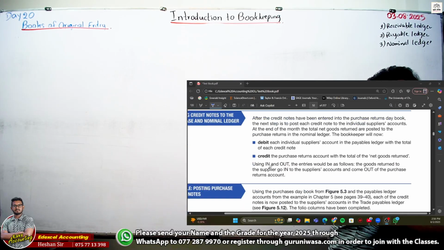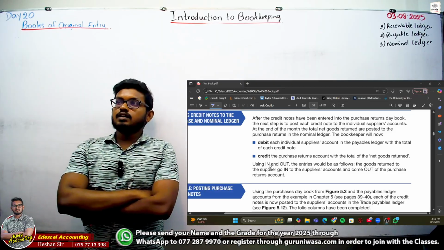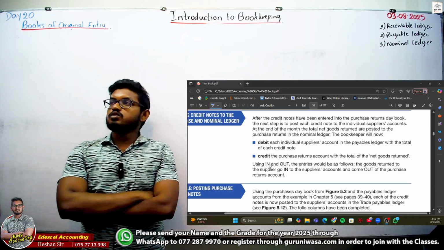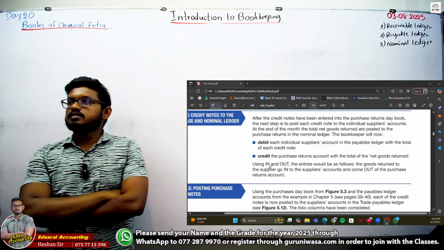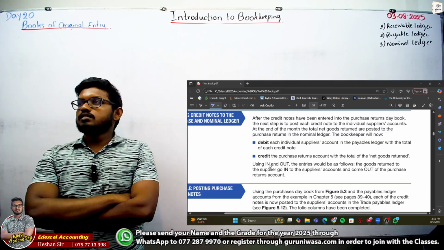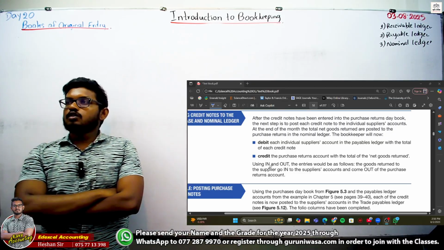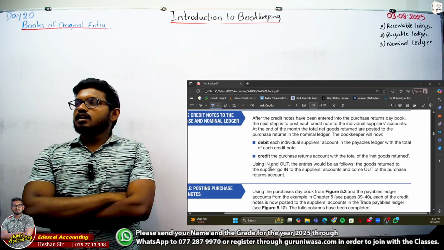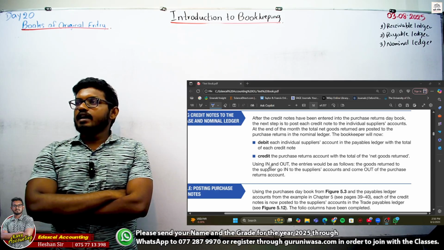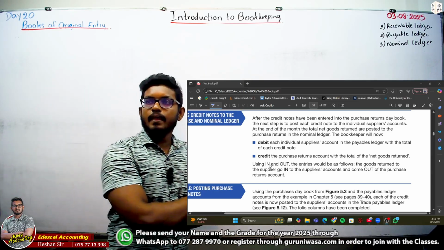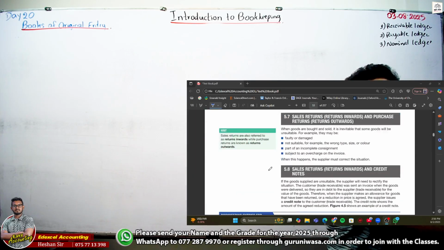After credit notes have been entered into the purchase return day book, the next step is to post the credit notes into the individual supplier's account. At the end of the month, the total of the net goods returned is posted to the purchase return account in the nominal ledger. The bookkeeper will debit each supplier's account in the payable ledger with the total of each creditor, and credit the purchase return account with the total of the net goods returned. The entries would be as follows. You can see the same thing I have discussed here.